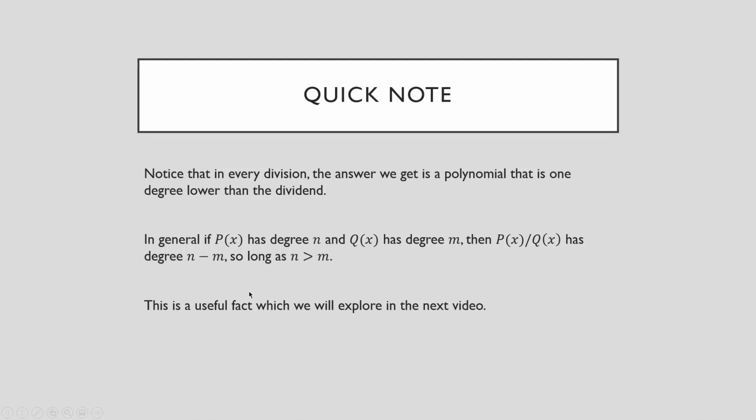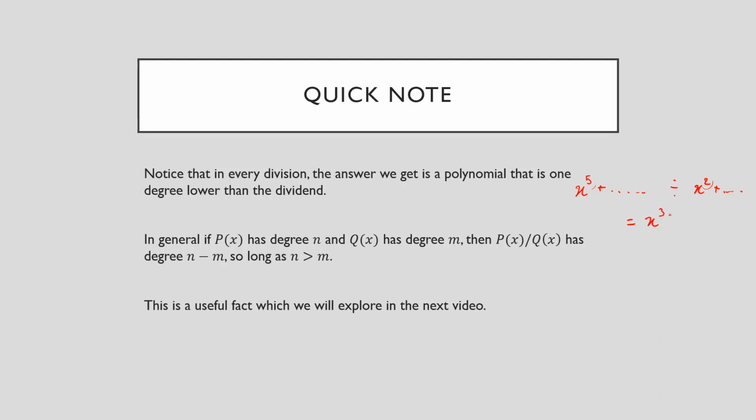So let's say you do a polynomial of x to the 5 plus and so on, divided by a polynomial x squared plus and so on. The answer that you get will have a degree of 5 minus 2, which is x to the power of 3.